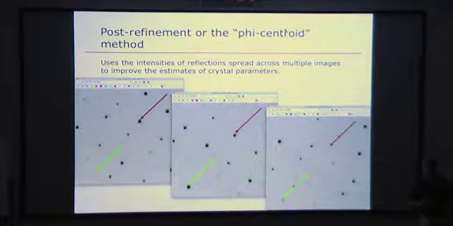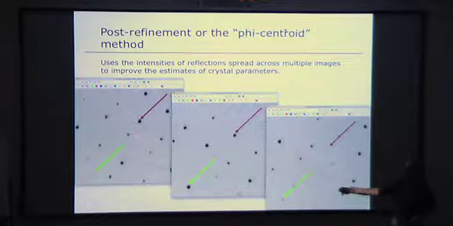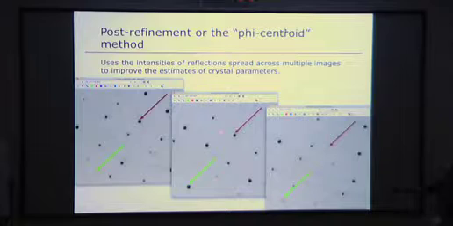Now, post-refinement, or the bicentroid method, uses the apparent intensities of partials spread across several images. I've got 3 consecutive images from one of our favourite data sets here. You can see that this reflection is strongly on the first image, it's a little bit weaker on the next, and not there at all on the third.